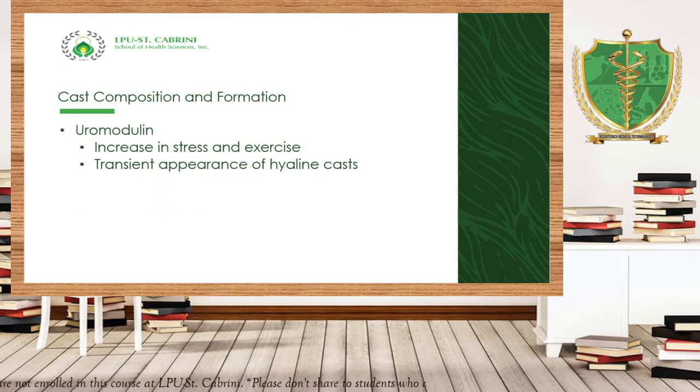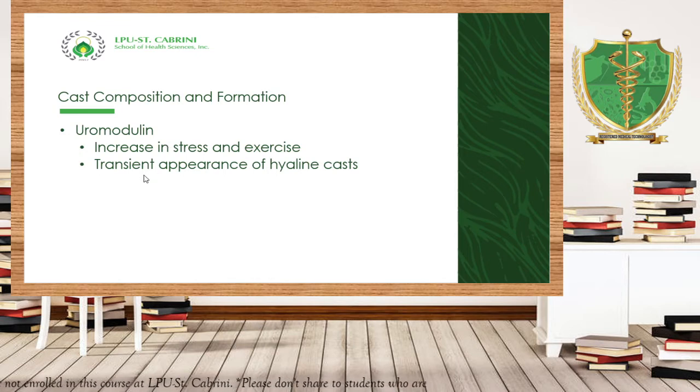Okay? So, the cast composition: uromodulin is the backbone, the protein structure of our cast. That is the formerly known, or the old term, and the new term is THP, the Tamm-Horsfall protein.